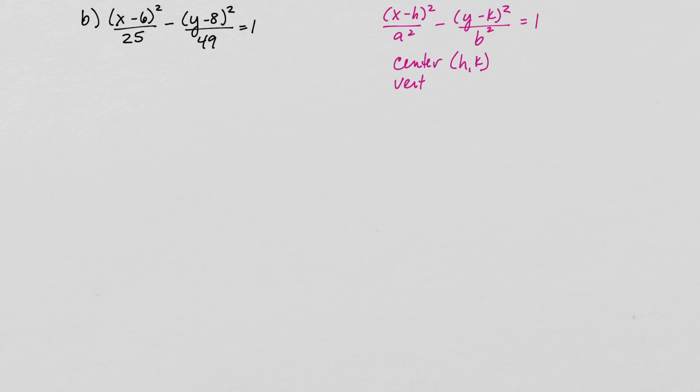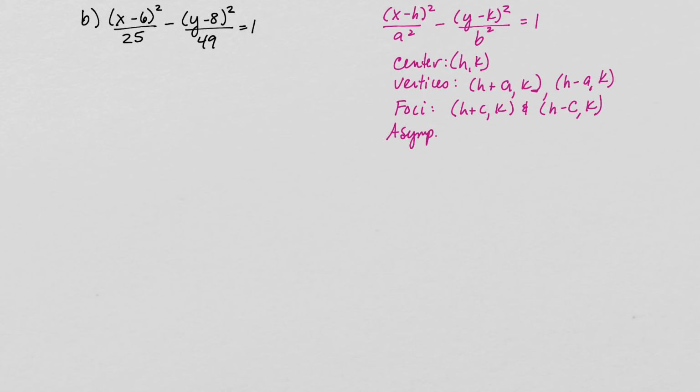The vertices are going to be (h plus a, k) and (h minus a, k). The foci are going to be (h plus c, k) and (h minus c, k). And then the asymptotes are going to be y minus k equals plus or minus b over a times (x minus h), or y is equal to plus or minus b over a times (x minus h) plus k.